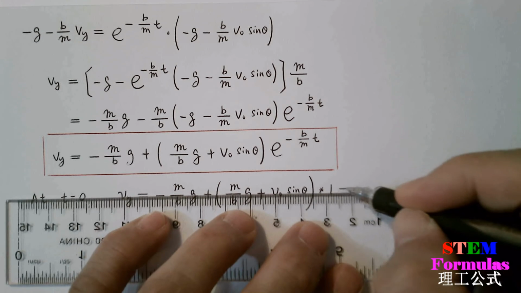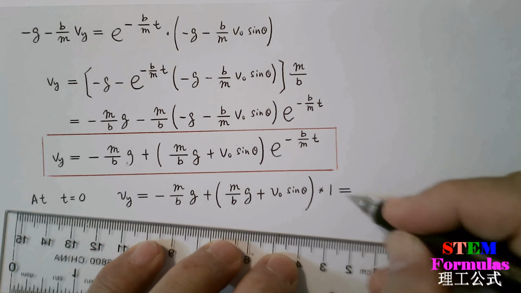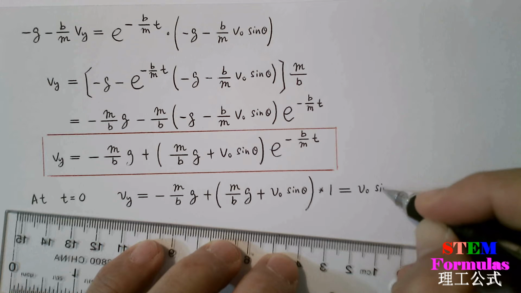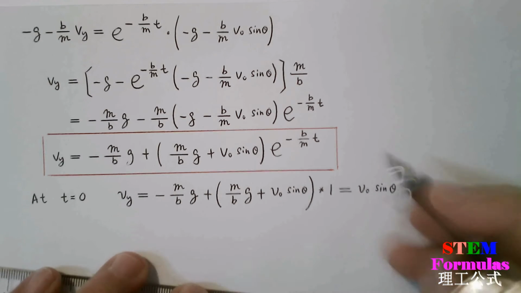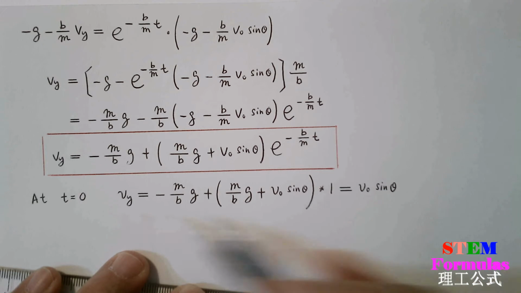So this term gave me V0 sine theta. So this is just the initial condition for the velocity in the y direction.